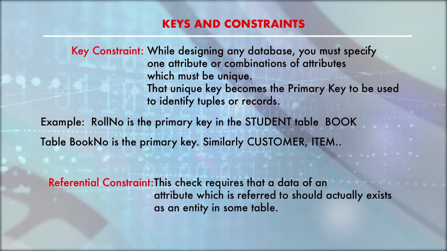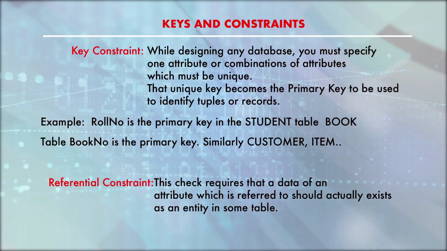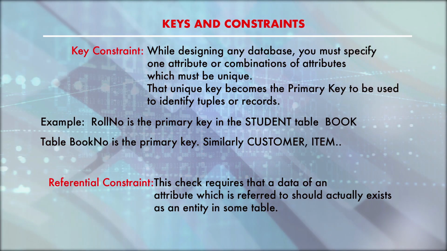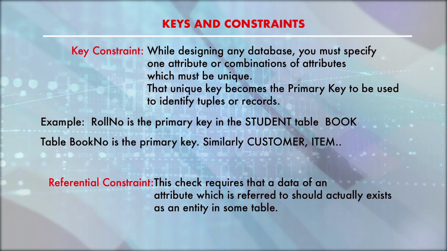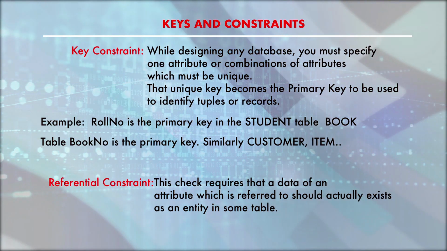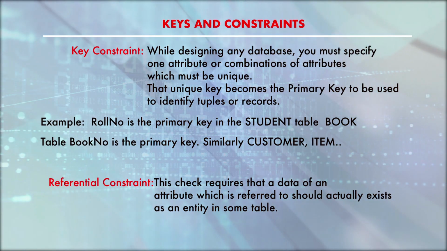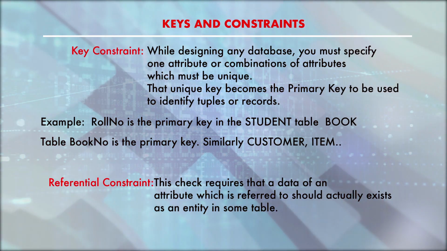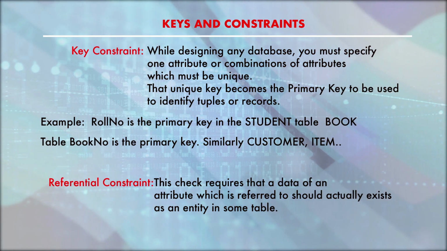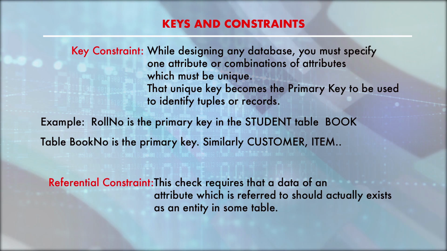Similarly, referential constraints. As we are discussing, in a specific database there may be several tables, and there is a possibility that several tables will be related to each other. Then on what basis will they be related to each other? That is also a question to think about. If we think about that, we will find that there are some common attributes between those different tables.